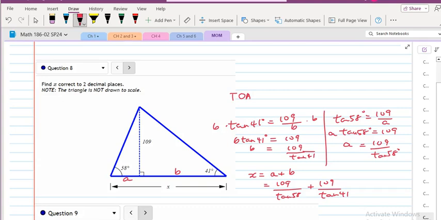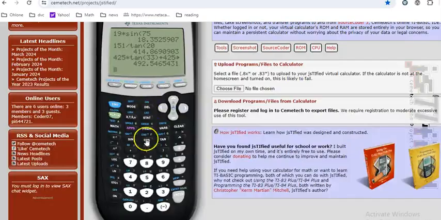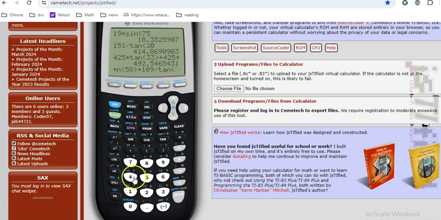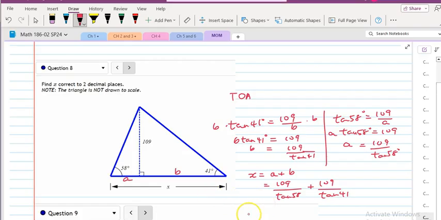109 divided by tangent 58 plus 109 divided by tangent 41. That gives 193.5.